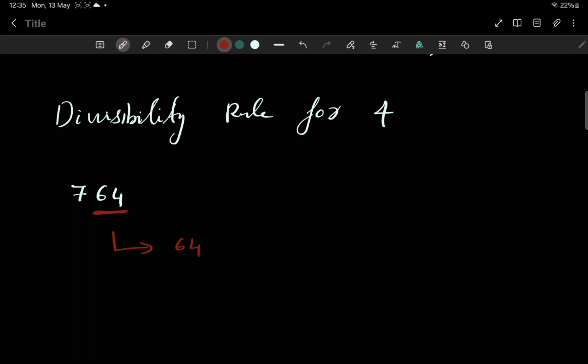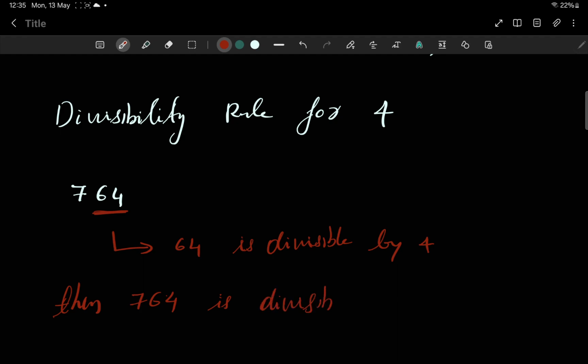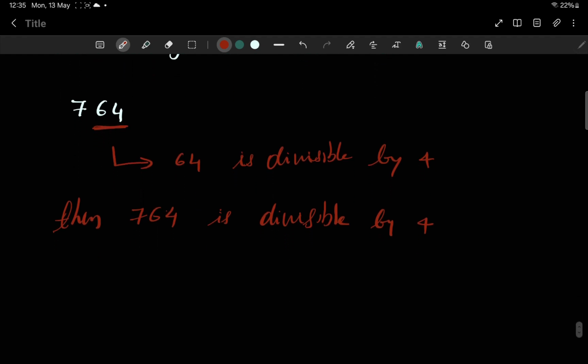If 64 is divisible by 4, then 764 is divisible by 4. So we know that 16 into 4 is 64.